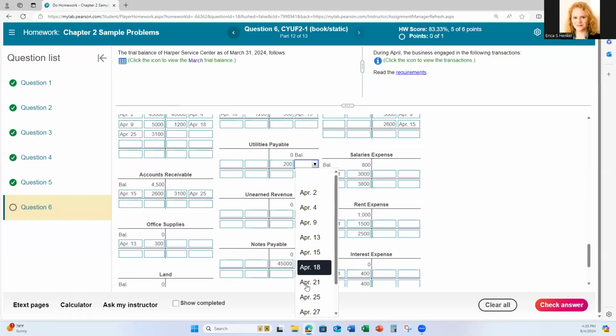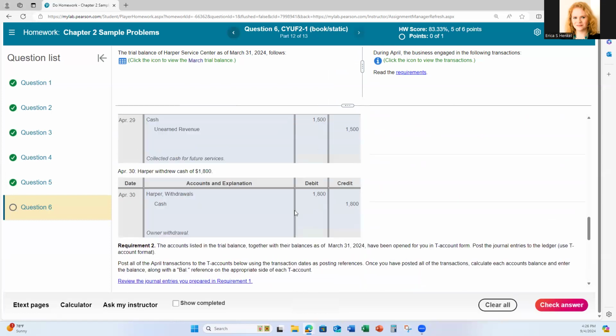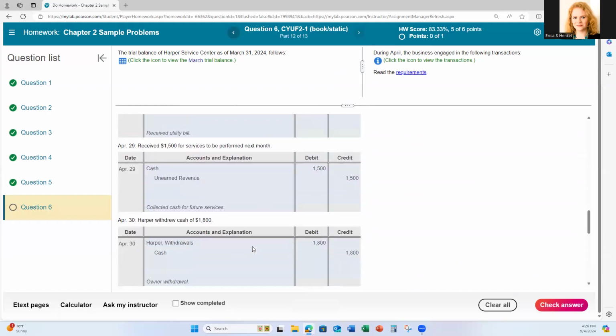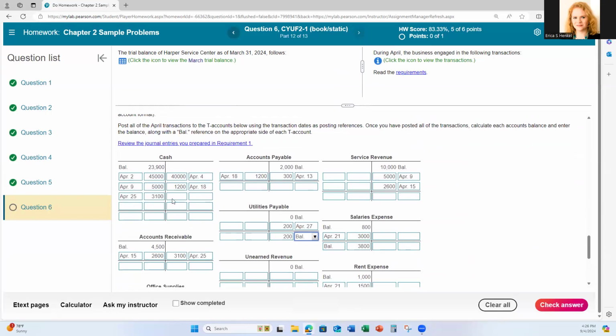It was April 27th. And then we've got cash and unearned revenue for 1,500. April 29th.